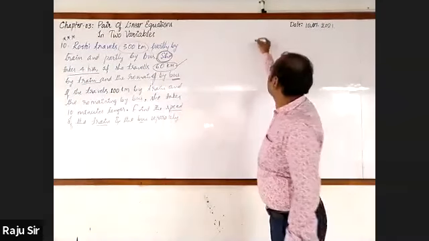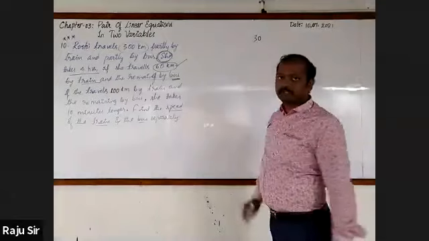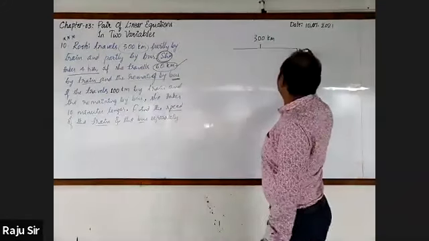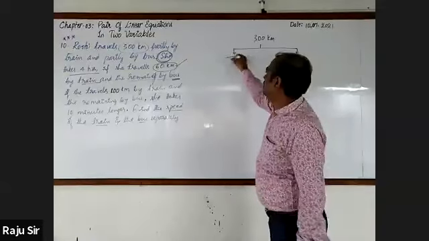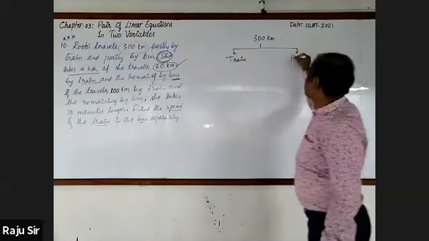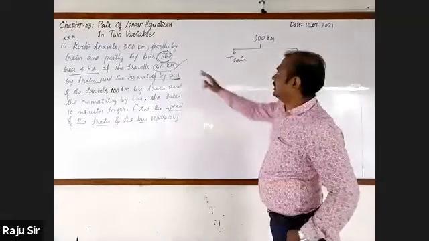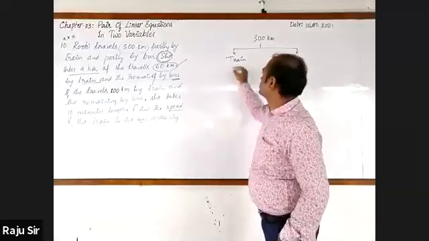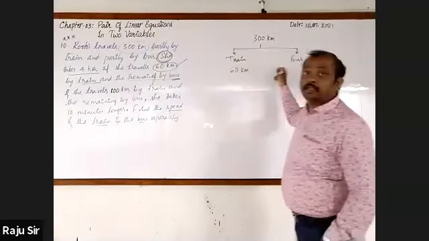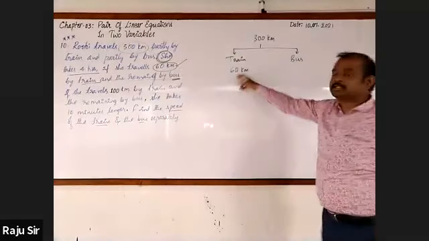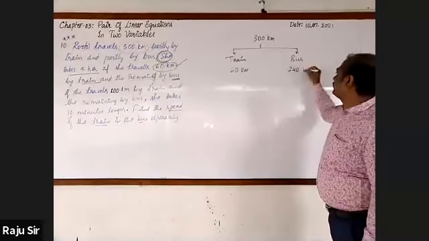Total distance to be covered is 300 kilometers. There are two modes of transportation: train and bus. First, she goes by train and covers 60 kilometers, and the remaining by bus, which is 300 minus 60, so 240 kilometers.